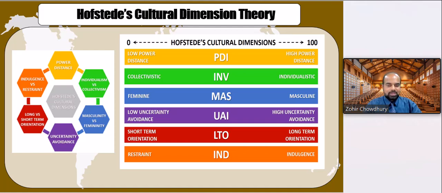Over the years, his study led to 6 cultural dimensions on which countries can be ranked. The 6 factors are power distance, individualism or collectivism, masculinity or femininity, uncertainty avoidance, long-term or short-term orientation, and restraint or indulgence.